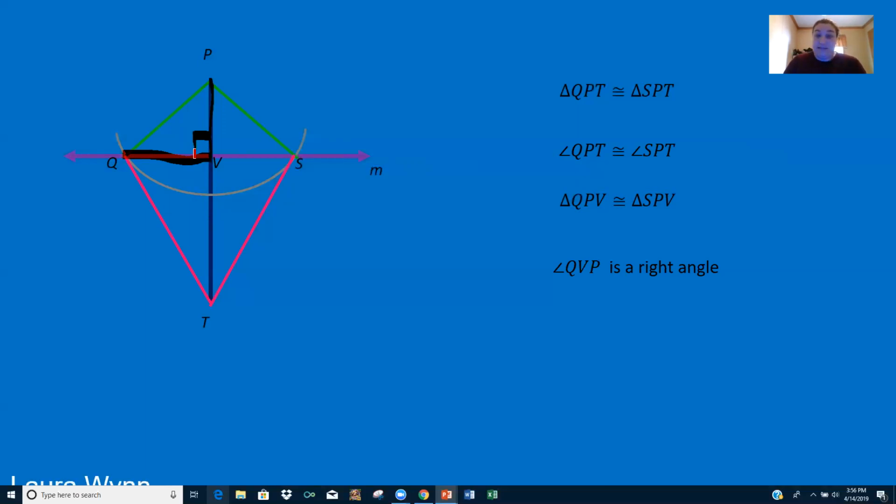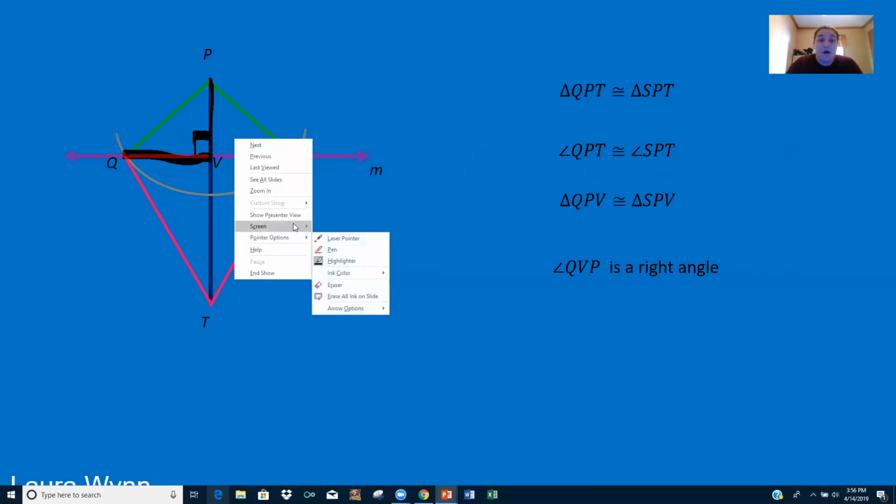Well, this statement is true again, because QVP and SVP, right here, are adjacent, and if you remember from our lessons in the past, they are supplementary angles. So when you have supplementary angles, they equal 180 degrees. Since we have two of them that are equal, that means QVP has to be a right angle, which equals 90 degrees. All right.